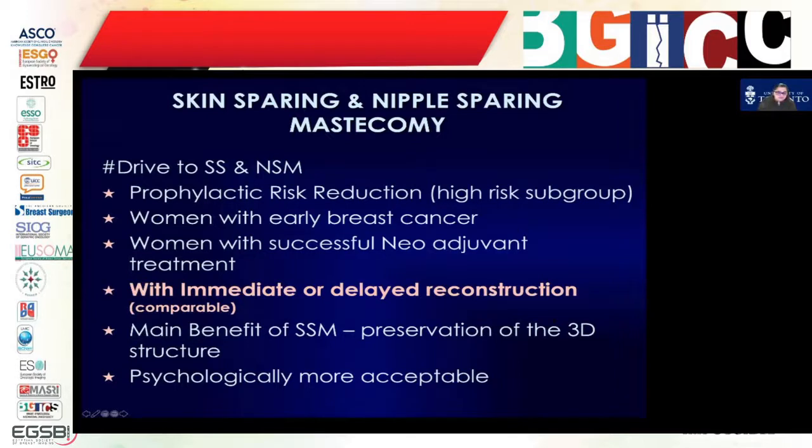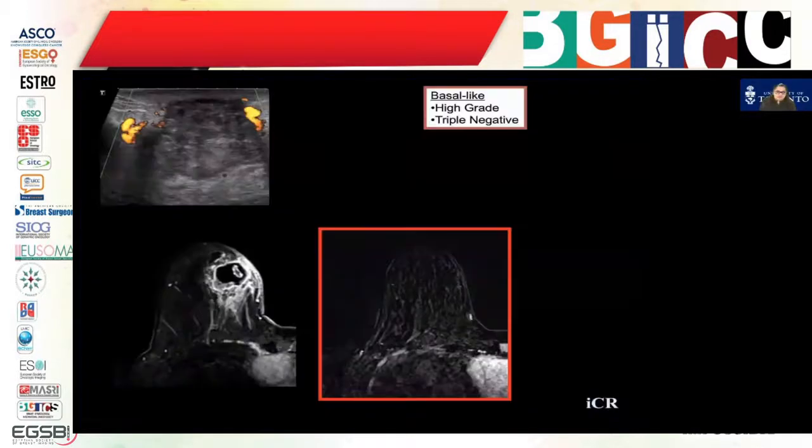So the benefit of skin sparing mastectomy is preservation of the 3D structure of the breast. The breast after reconstruction looks completely normal because the original capsule, the original shape and the pocket of the breast is preserved. And it's more psychologically acceptable, particularly in young women who are having prophylactic mastectomies.